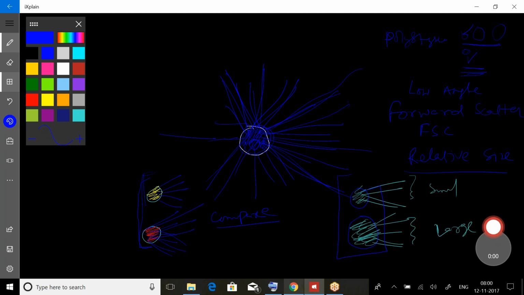However, when there is complexity inside the cell, for example if I am talking about lymphocytes and granulocytes, the lymphocyte has a nucleus, while the granulocyte will have an irregular nucleus, granules, intracellular organelles, and all these. Generally the lymphocyte has a lower complexity, with scanty cytoplasm, so they don't have as much cytoplasmic material as compared to granulocytes.